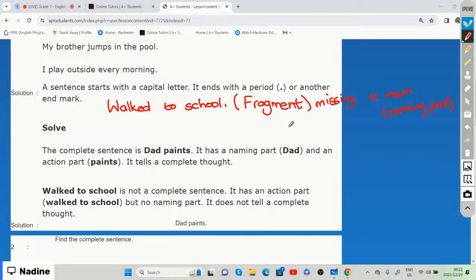Because now you're asking yourself, who walked to school? Because walked is an action part, which is the verb. But now the question is, who walked to school? All right, which means that this is not a complete sentence because it only has an action part. It does not have a naming part. So this is a sentence fragment.